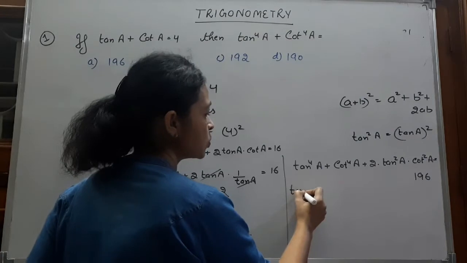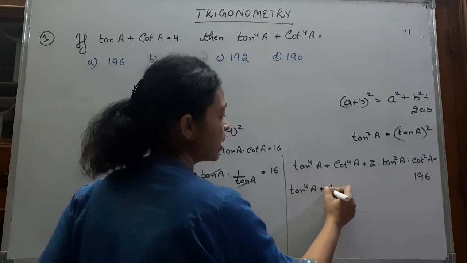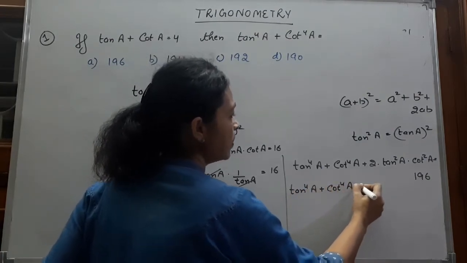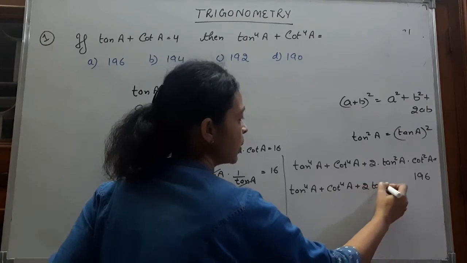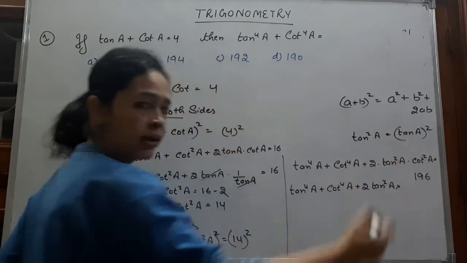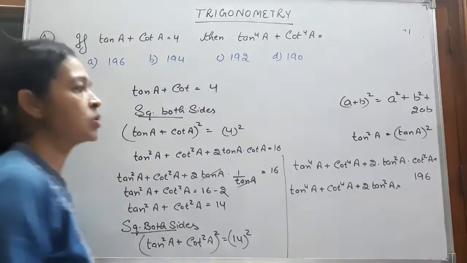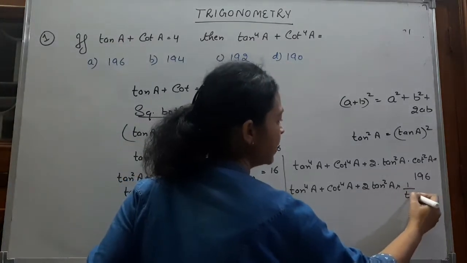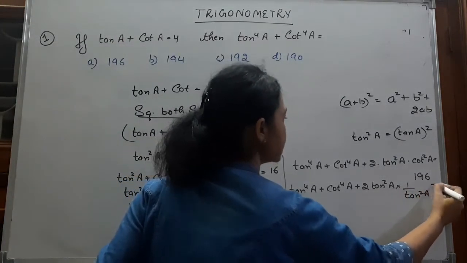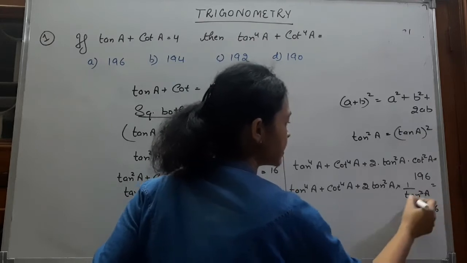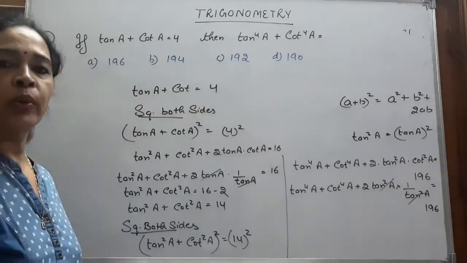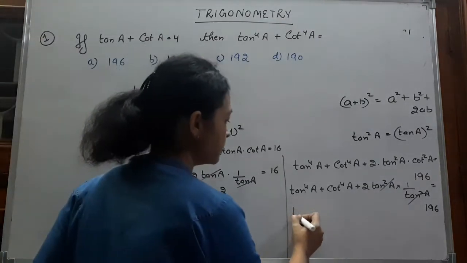So we have tan to the power 4A plus cot to the power 4A plus 2 times tan square A into cot square A. Cot A is the reciprocal of tan A, so cot square A can be written as 1 by tan square A, and this is equal to 196. Tan square A both get cancelled.